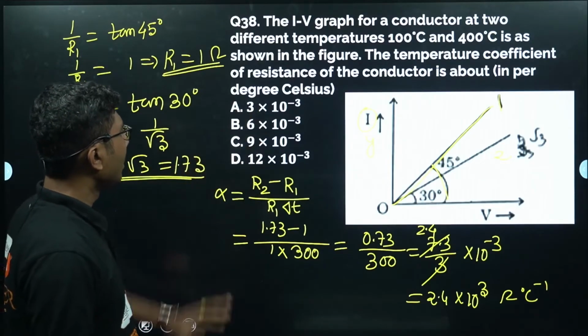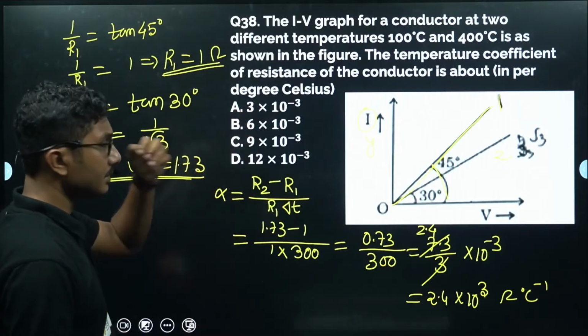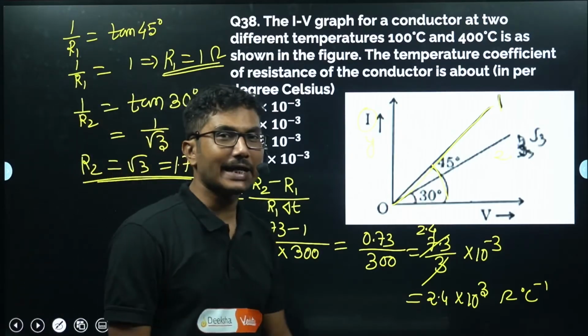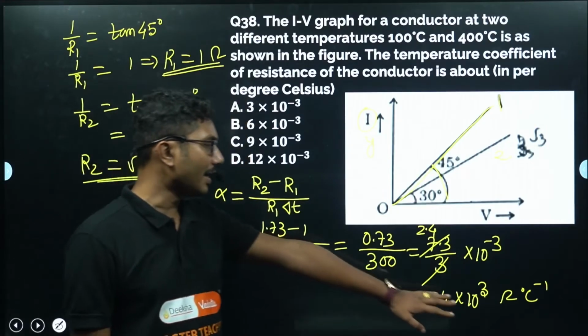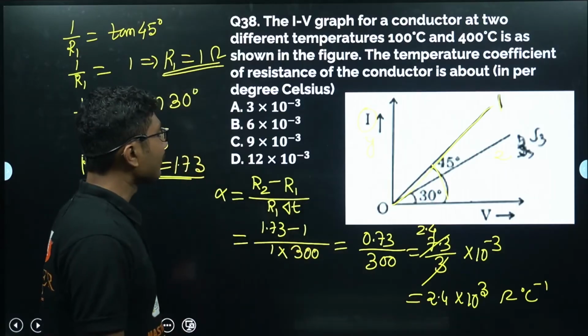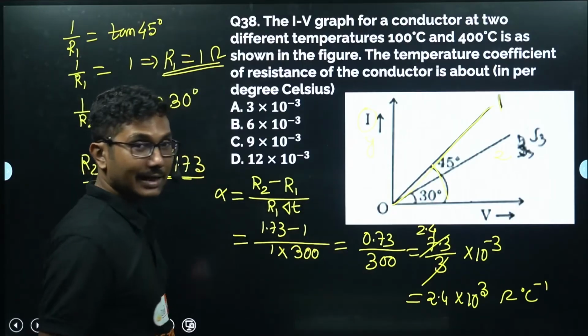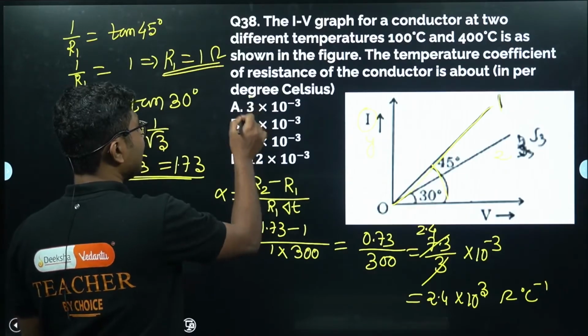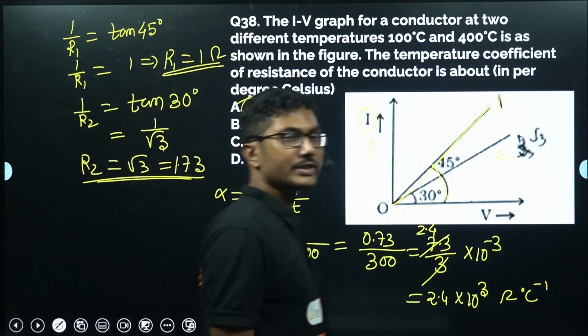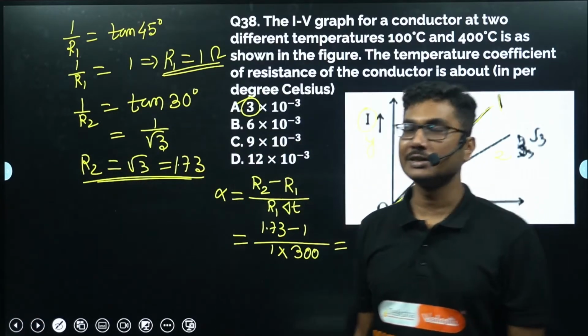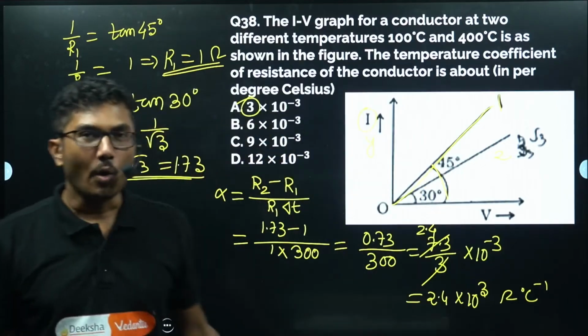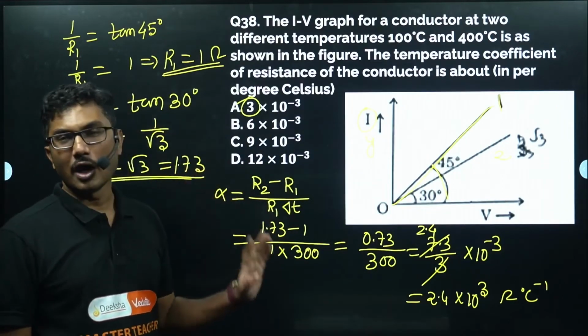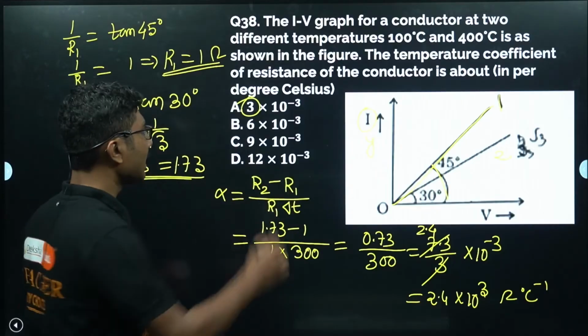Now if you see in the options, none of the options is directly matching the calculated value. So how can you guess what is the correct answer? The correct answer is this, because this is the closest answer. Sometimes if the answer is not matching exactly, whatever is the closest value, you have to mark as the correct answer.